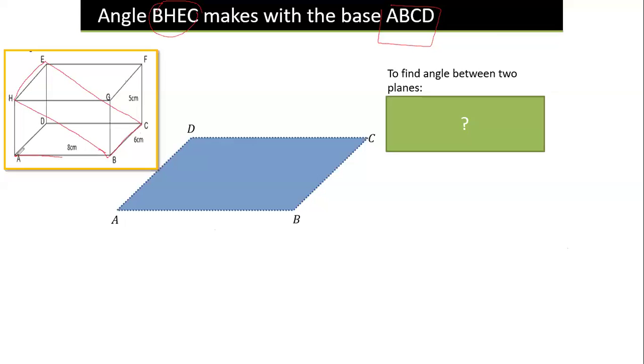A is here, B is here, C is here, and D is here. Those of you at home, get two books. Put one book down, and get another book and incline it at an angle. Let me first draw this and you try it at home.